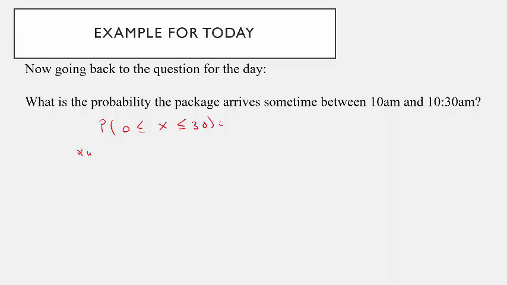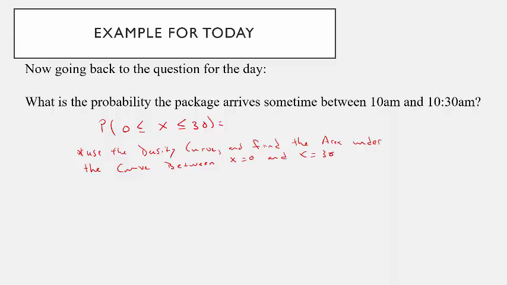To answer this, you're going to use the density curve and find the area under the curve between x equals 0 and x equals 30. So I'm going to resketch the density curve for you.